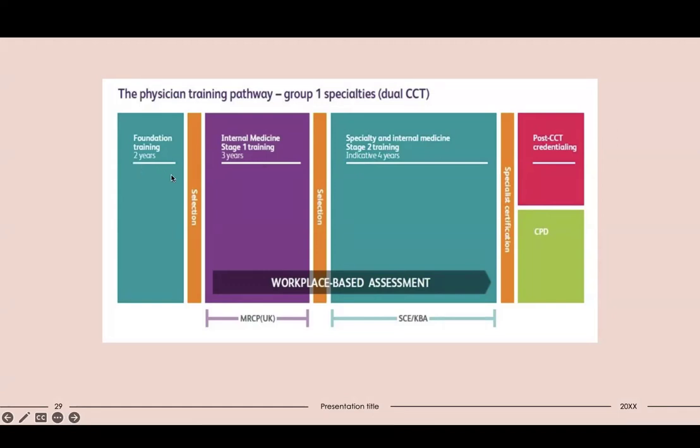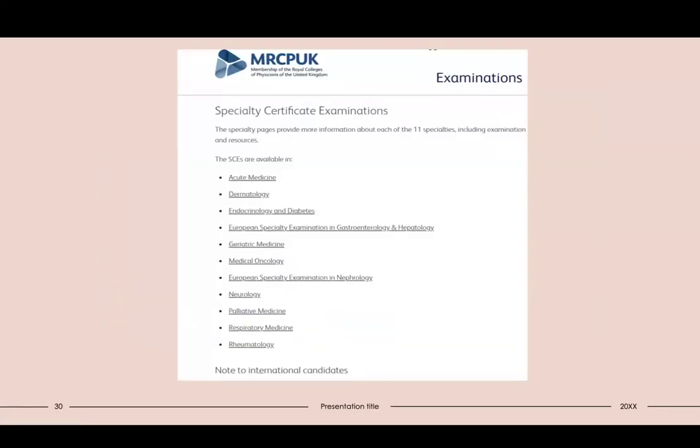So you are looking at 9 years after graduation. And then the post-CCT credentialing, and we have something called the specialty certificate examinations. Overseas doctors can do that before they finish their MRCP, but in the UK, they need to finish and then go for the specialty certificate examination in different branches of medicine.